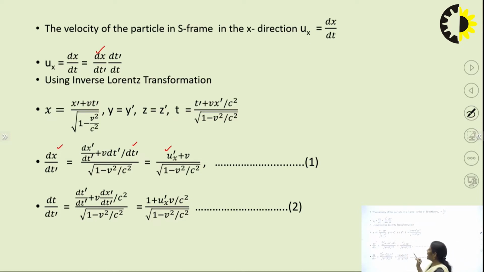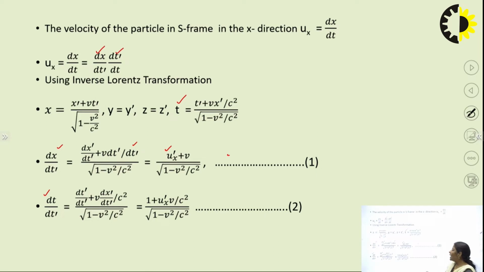Now we are going to work on the second part, dt dash by dt. For this part, we are going to use the time transformation. What is the time transformation? t dash plus vx dash upon c square, upon 1 minus v square by c square square root. This is having the t dash term, so we find the derivative dt by dt dash here.